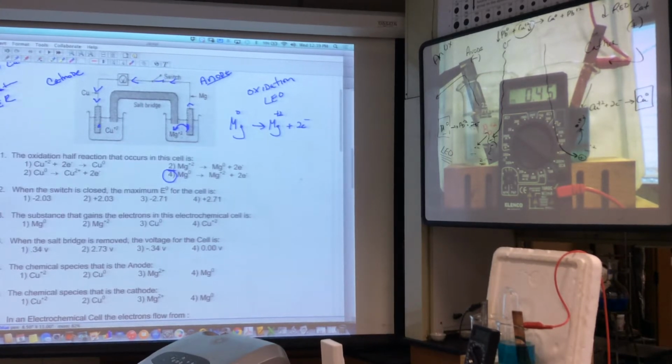Copper plus 2, in solution, gains the 2 electrons and becomes copper 0. Now we should know that the copper reducing is positive 0.36. We've been using that for 3 examples now. Positive 0.36 volts. What's magnesium?